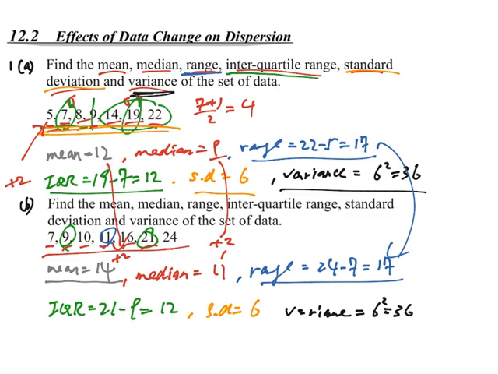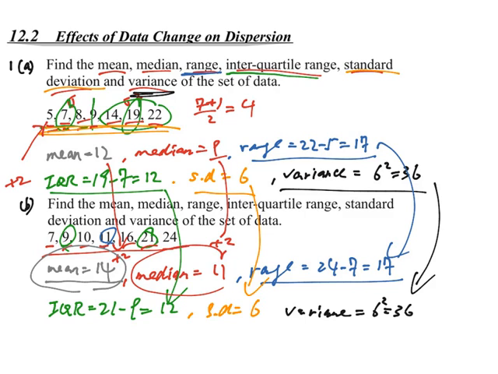Same 17, same 12, same 6, and same 36 for variance. So that means if I add 2 to every datum, only the mean and median will change by plus 2. Others, no change.